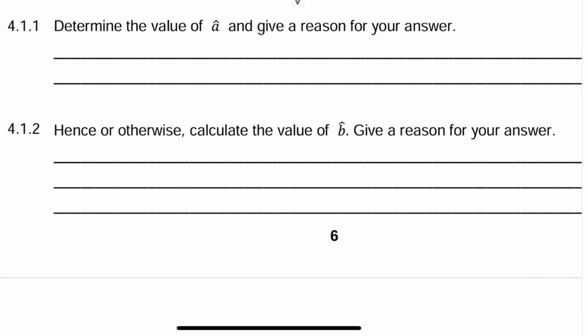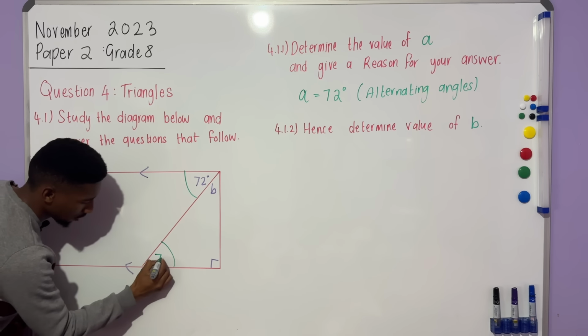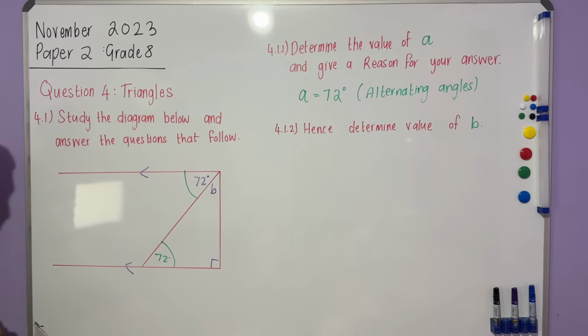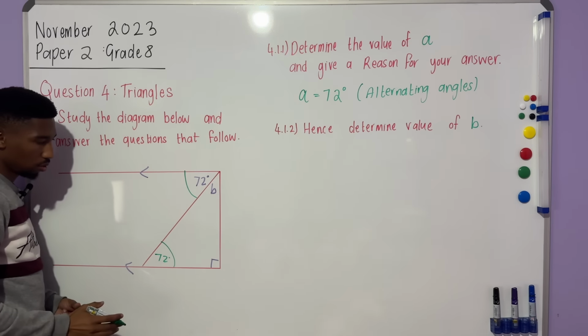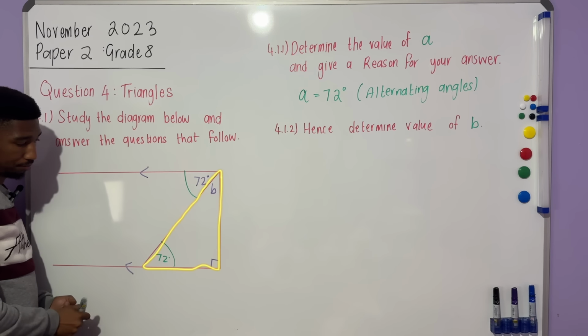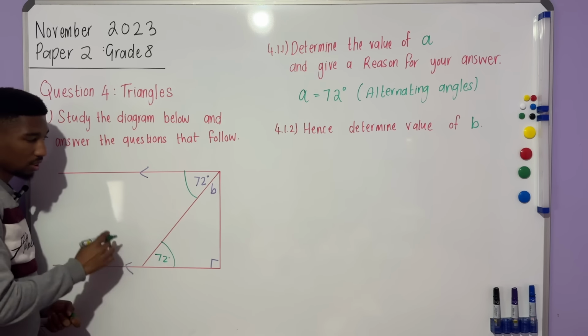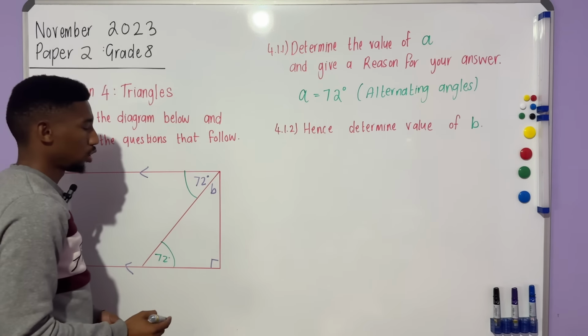Then in 4.1.2, hence determine the value of B. We do now know that A is 72 degrees, right? And we can also see that B is within a triangle. Now B is in a triangle, and we do know all the angles inside this triangle except B. So what are we going to do?